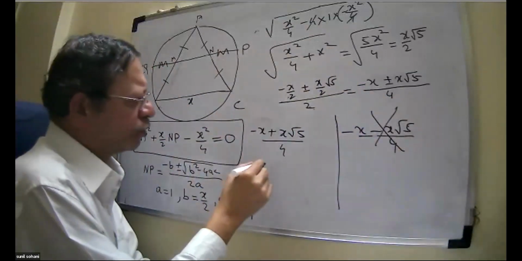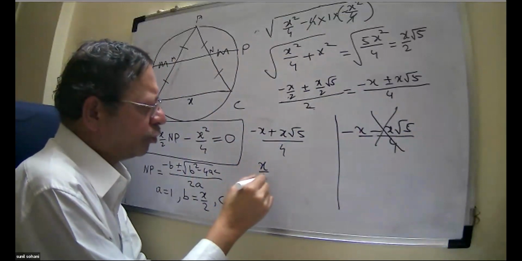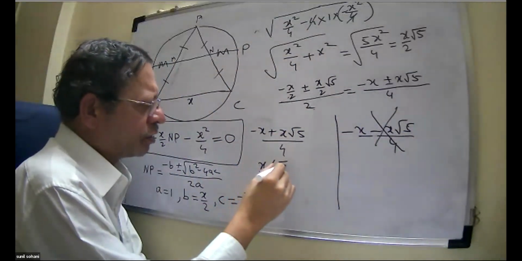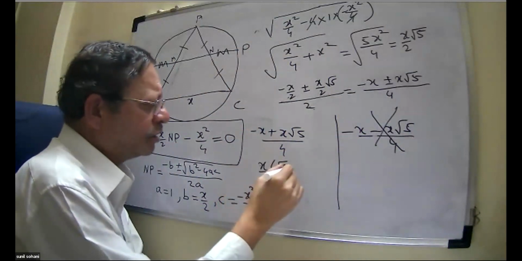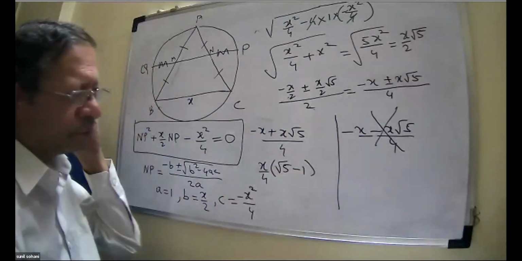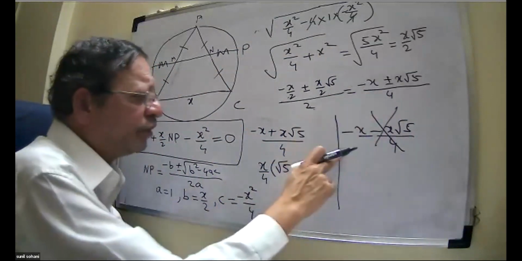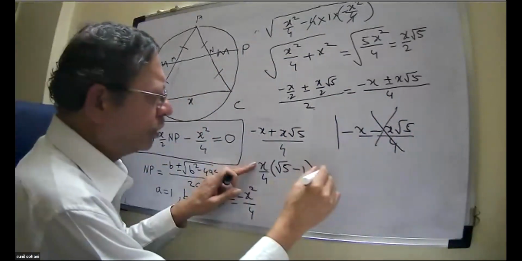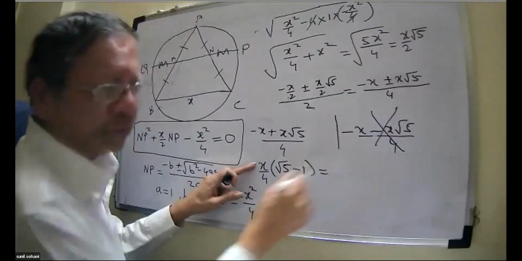Now here I take out x upon 4 as a common thing. I write root 5 plus, positive sign first, negative sign later on. Since this is failed, I have to write the positive one. Now we know x is root 5.